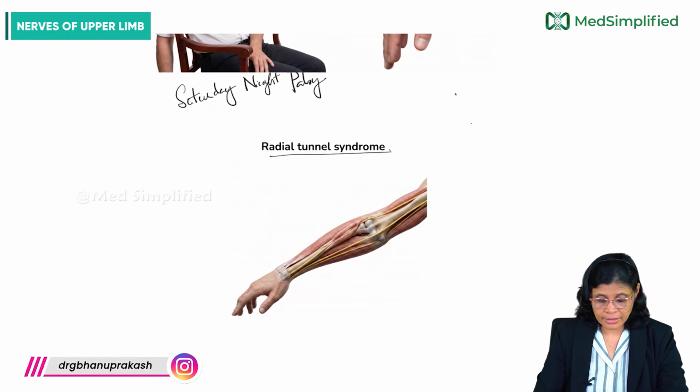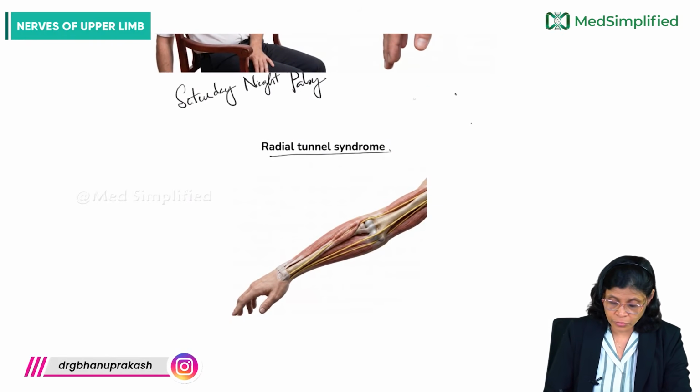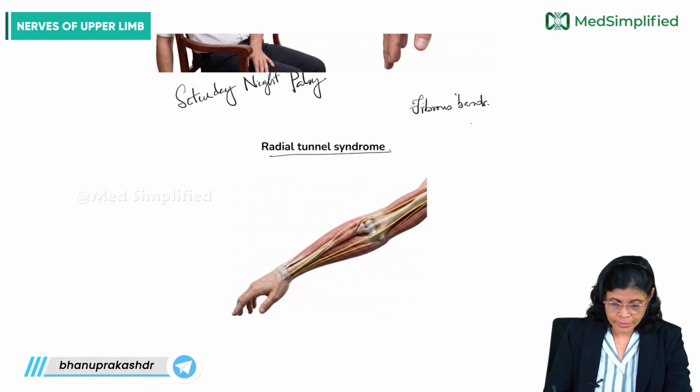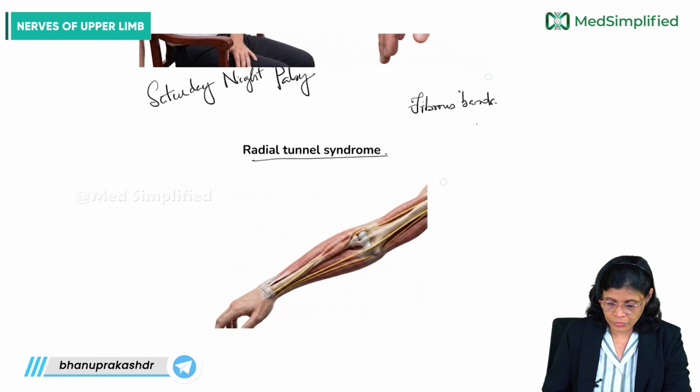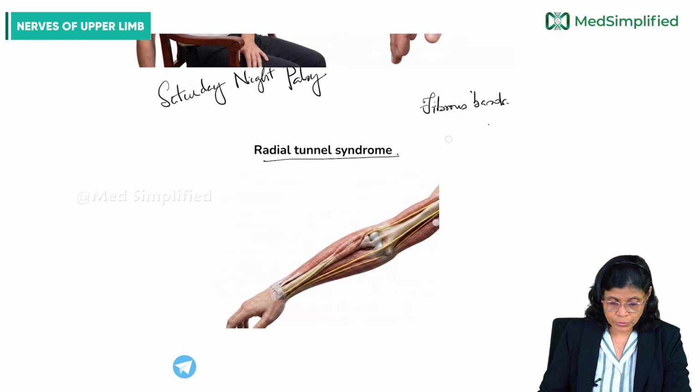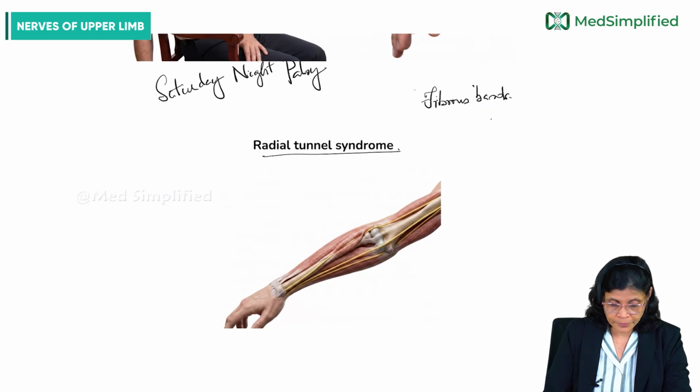So this is mainly because of four things. One is the fibrous bands. The fibrous bands can tether, okay, the radial nerve; fibrous bands may be present there which can tether this radial nerve to the radiohumeral joint.